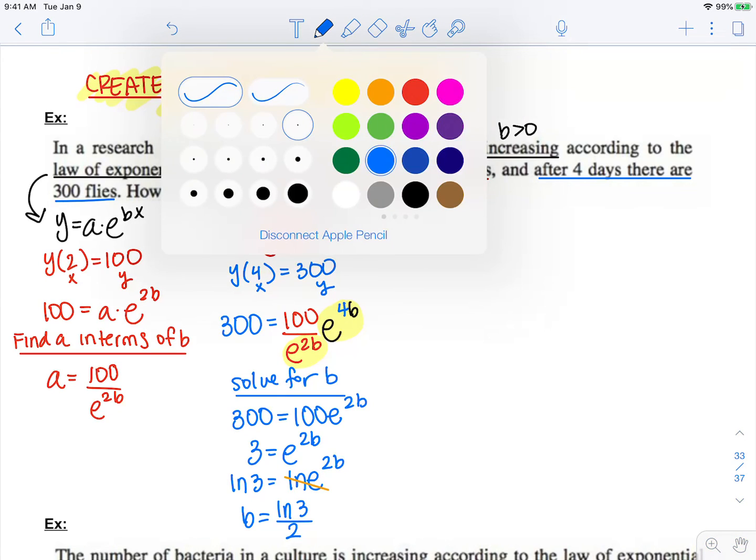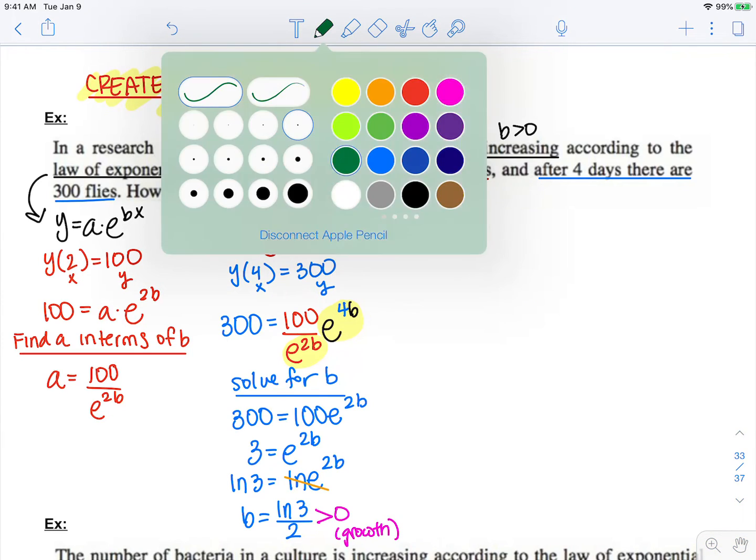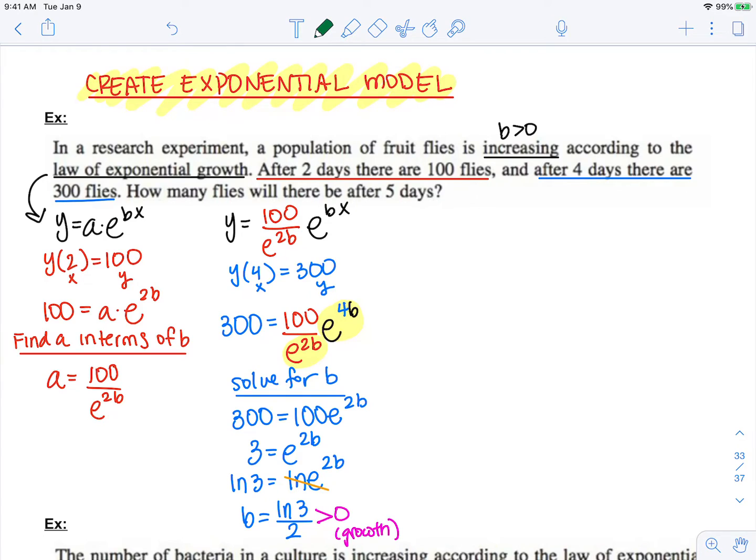Now, if you plug this into your calculator, you'll see that this is greater than 0. So therefore, this does represent growth. Now, our next step is to plug in b to find a. So remember, a equals 100 over e to the 2b. But we know that b is ln 3 over 2.